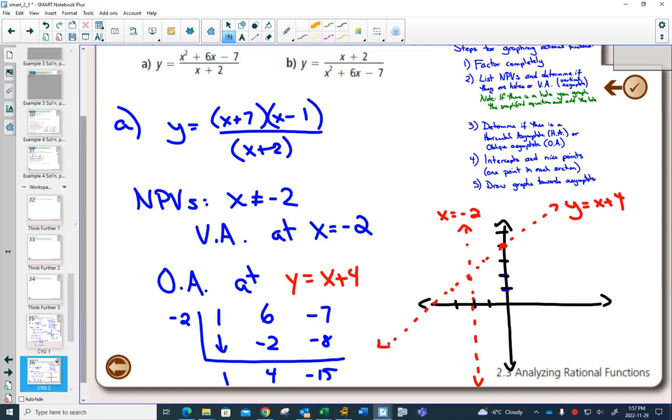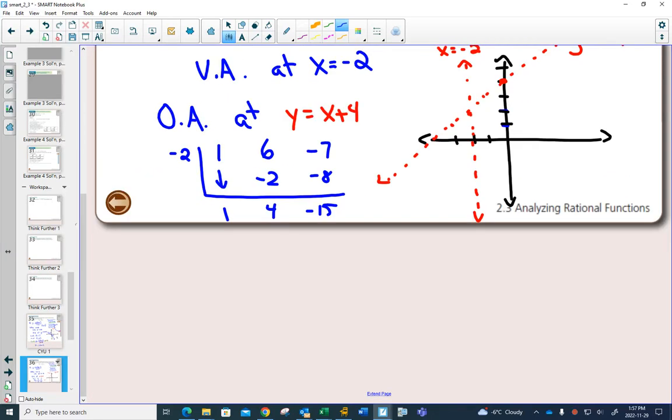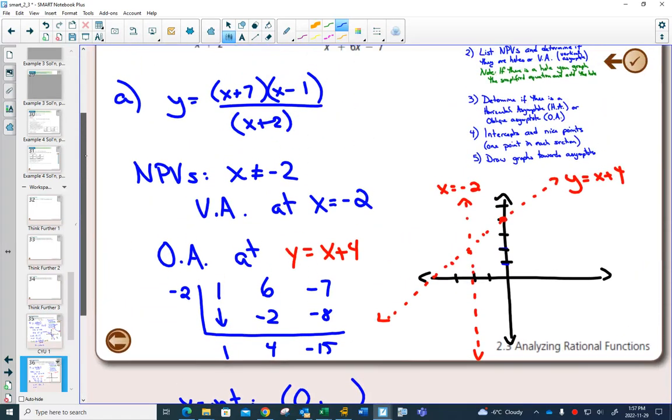Now we just need to have some nice points, which means we need to find our y-intercept and our x-intercept. Again, the y-intercept is usually the easiest to find. Plug in 0 for x. And the x-intercept is when you plug in 0 for y. Now, plugging in 0 for x, I would go back to my original equation.